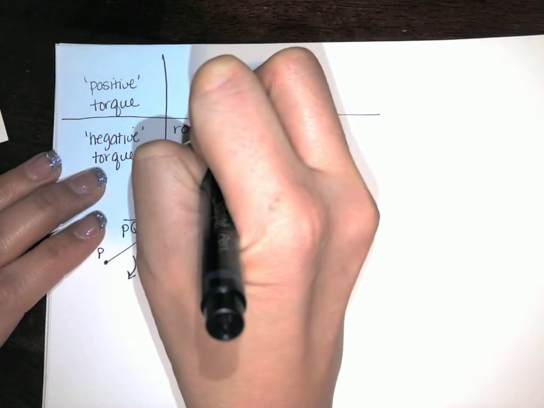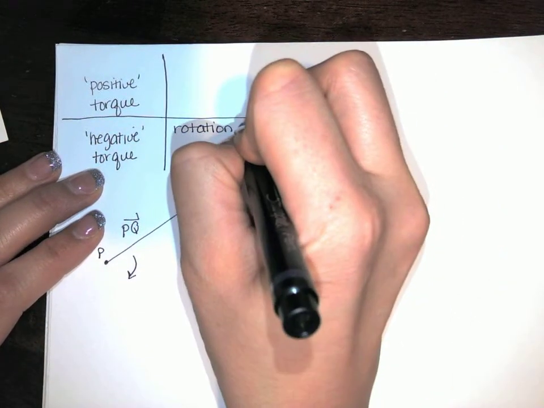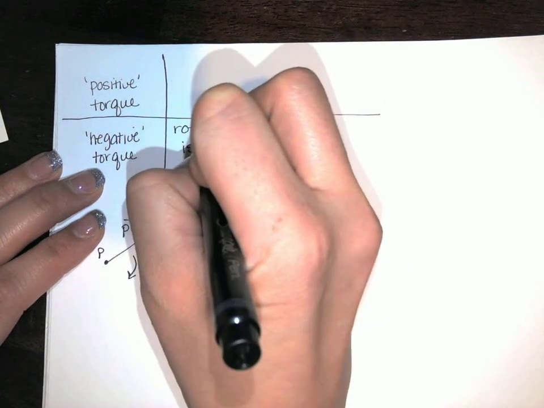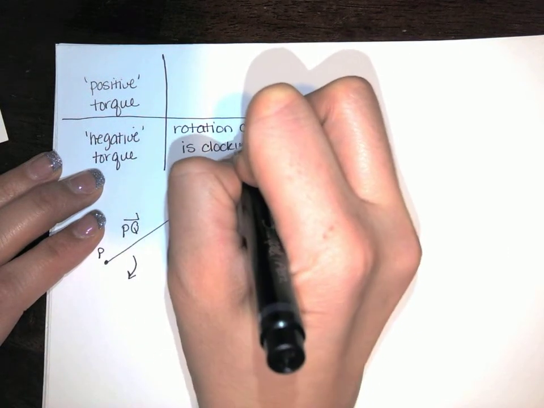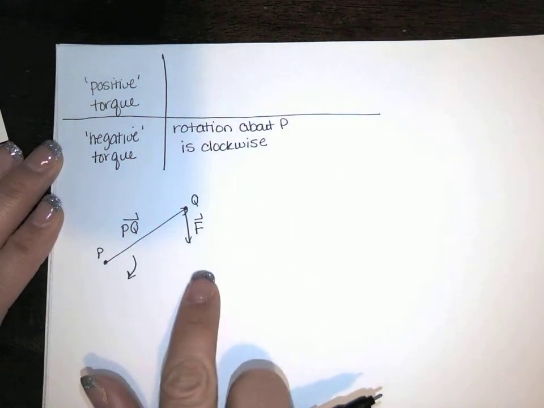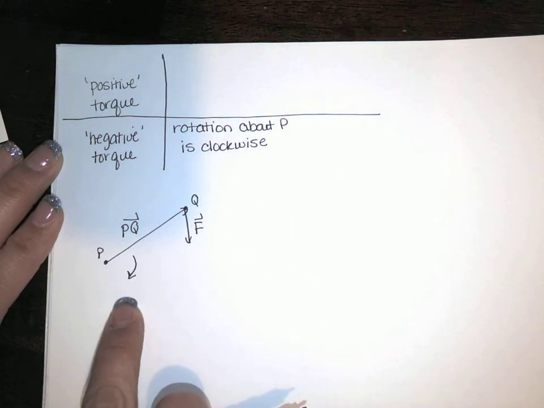Or excuse me, I said the wrong thing. The rotation about P is clockwise. If it's clockwise, it's negative. So this one is negative because that is going to tend to rotate in a clockwise direction.